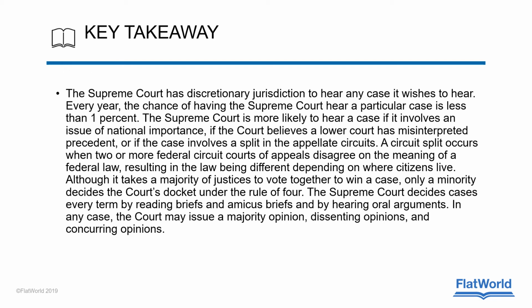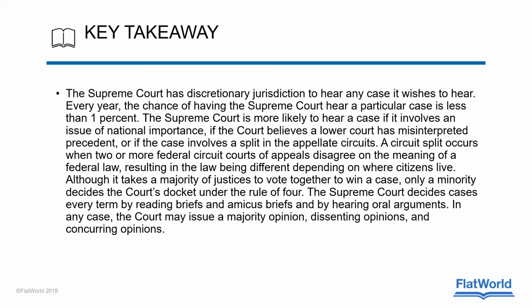An appellate circuit split occurs when two or more federal circuit courts of appeals disagree on the meaning of a federal law. This results in the law being different depending upon where citizens live, so that would need to be resolved by the Supreme Court.